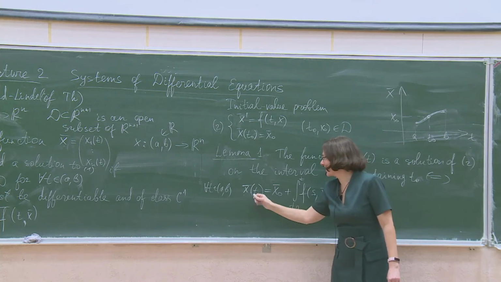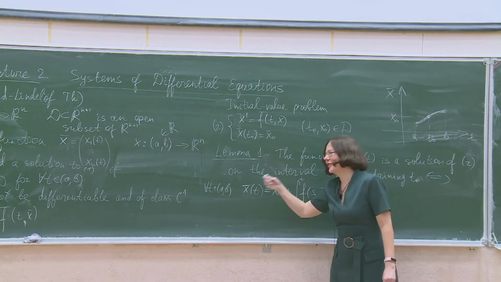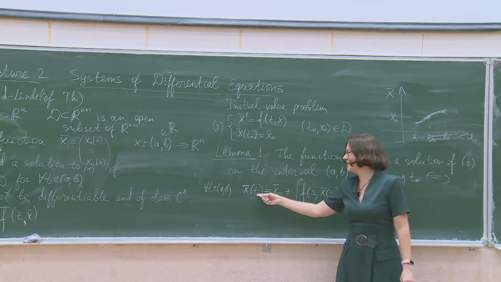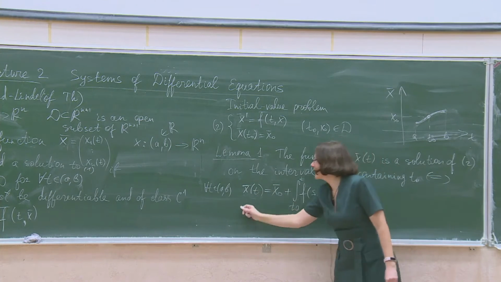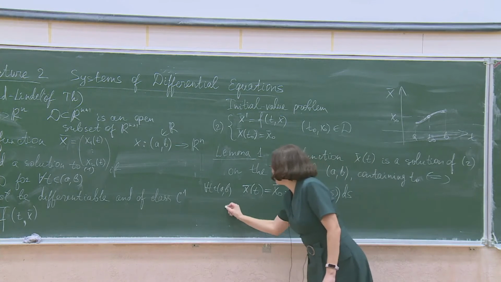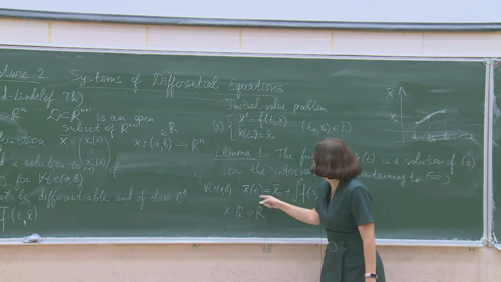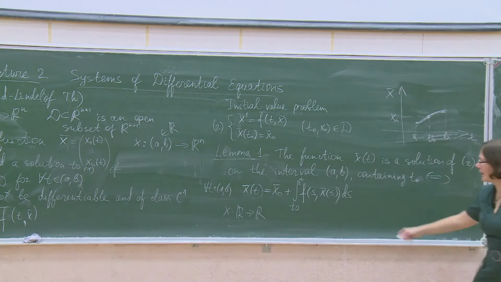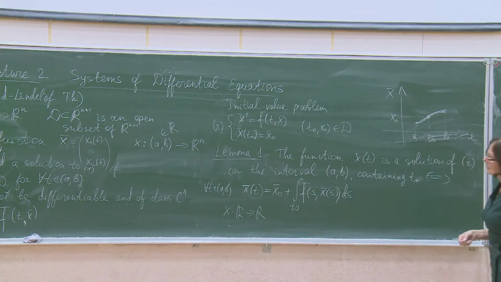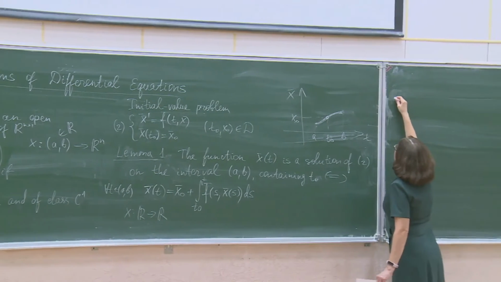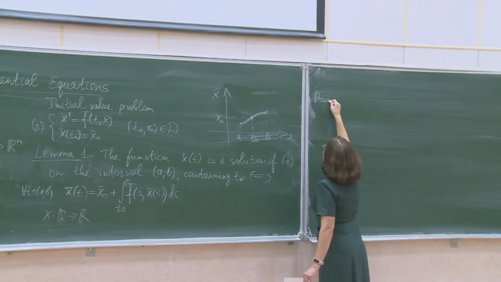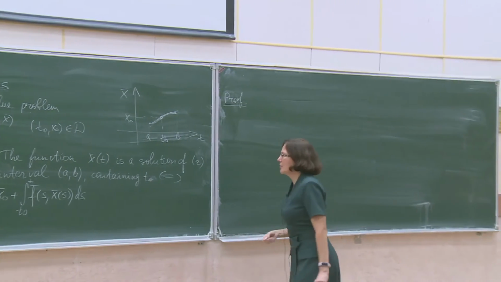For a function with one coordinate, a function from R to R. It was proved, but now it is stated for the vector valued function. But the proof is similar.